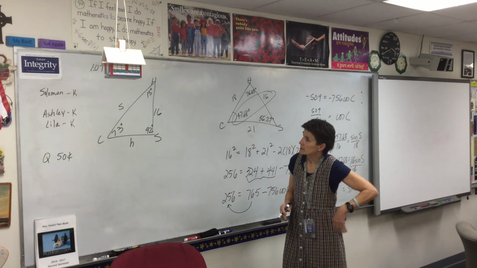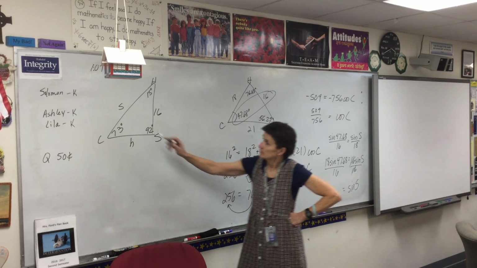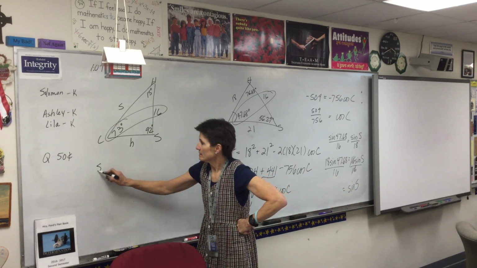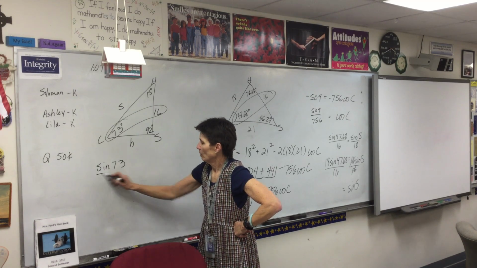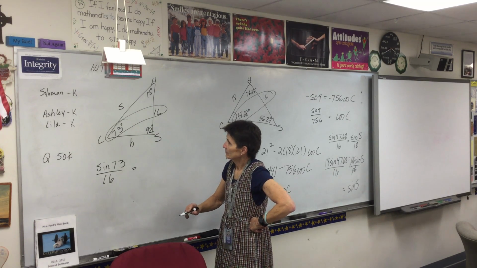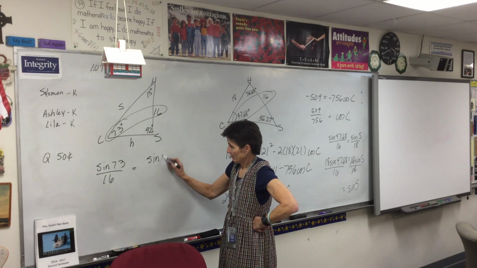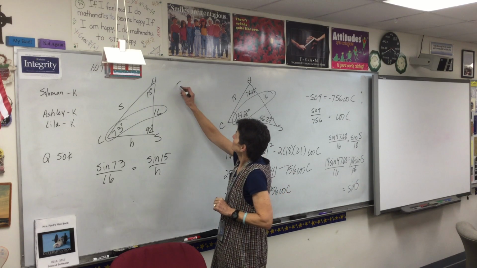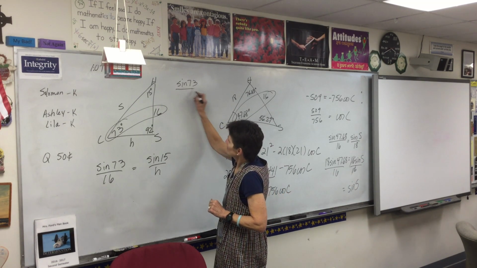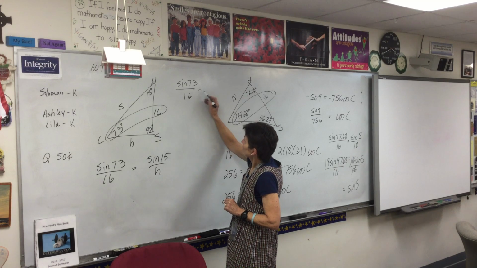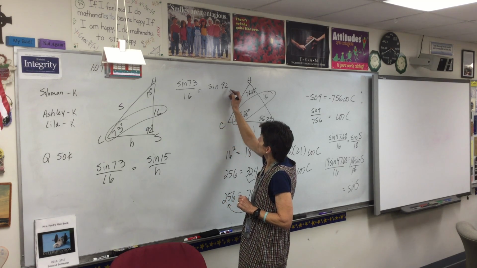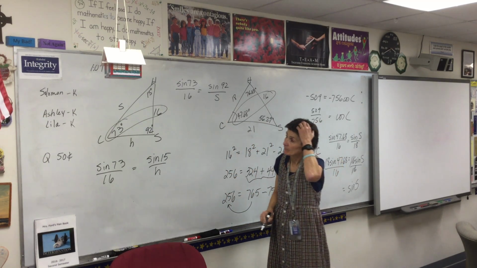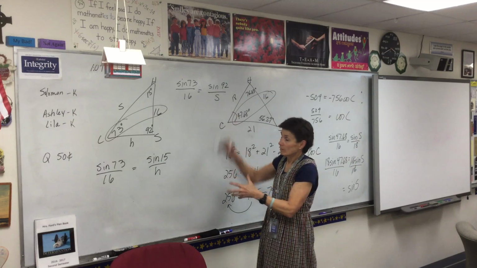Now, what do we notice? You see it? So sine 73 over 16 equals sine 15 over H, or sine 73 over 16 equals sine 92 over S. Now I said or, but it's really and.